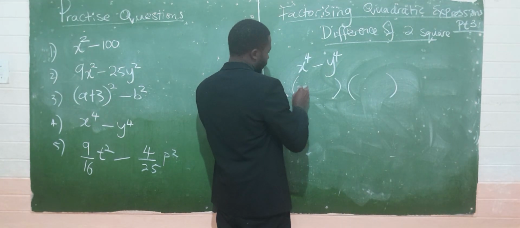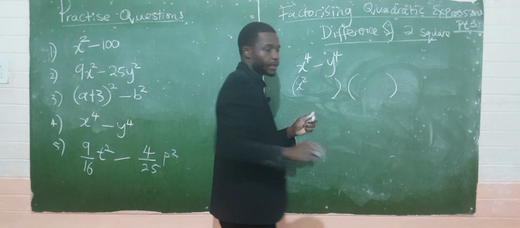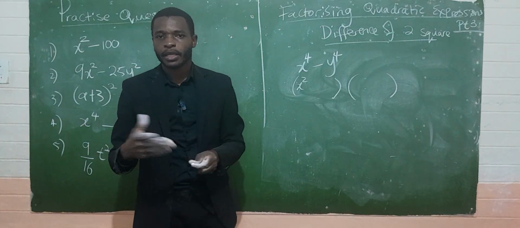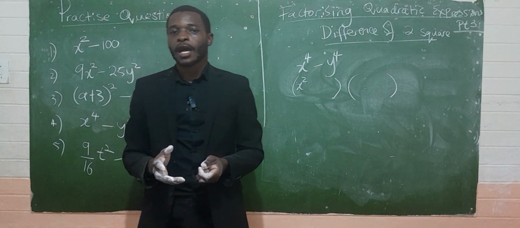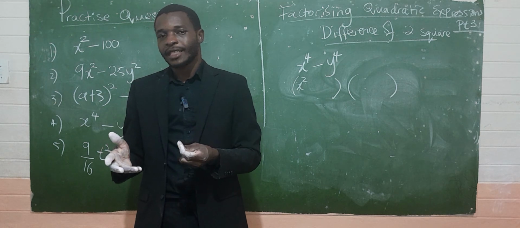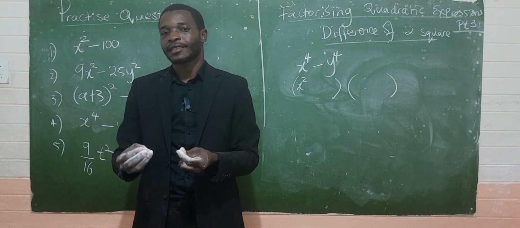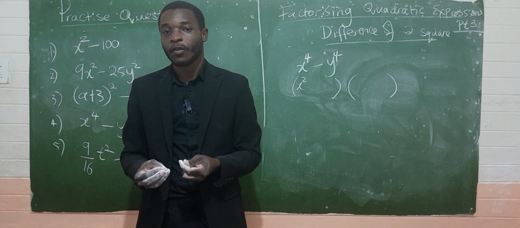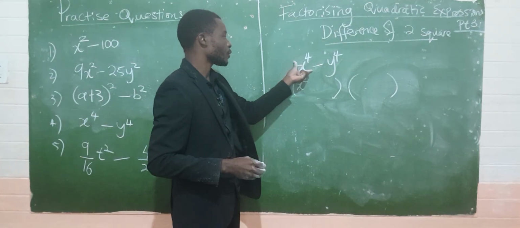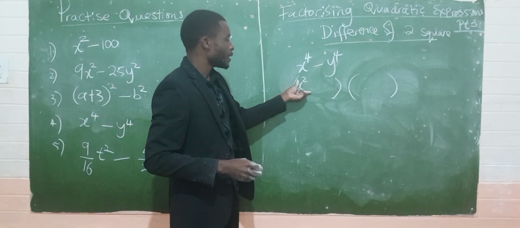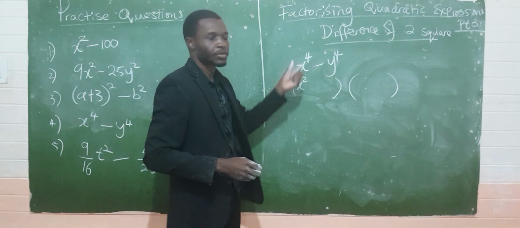What's the square root of that? Of course, this is x squared. By the way, when I say square root, I mean what is the factor of that term that multiplies itself twice to give us this. So square root of this means if I multiply this by itself, it gives me that.